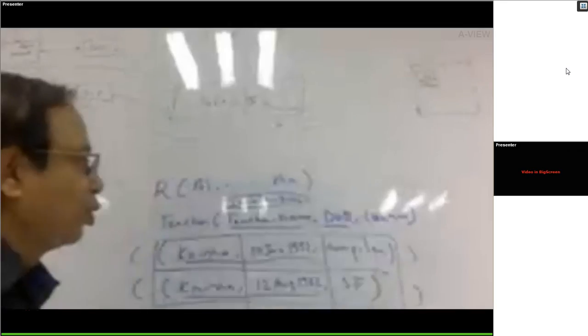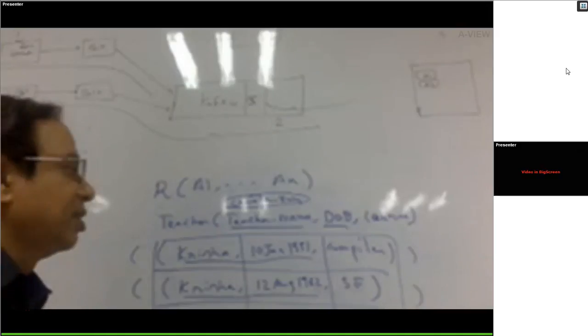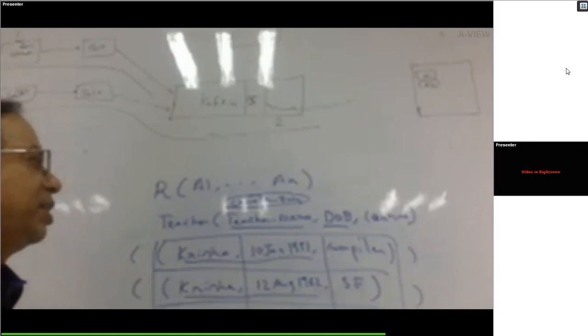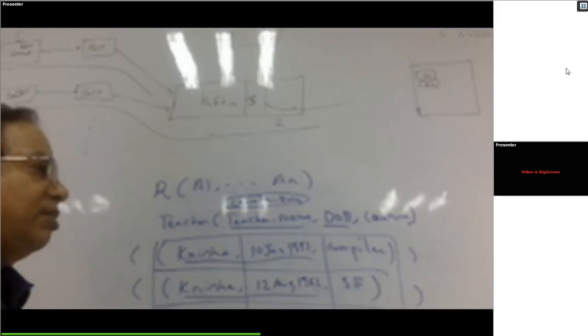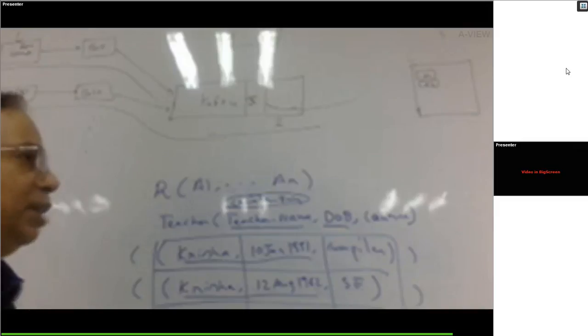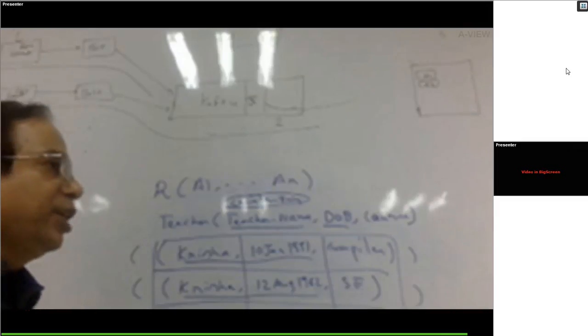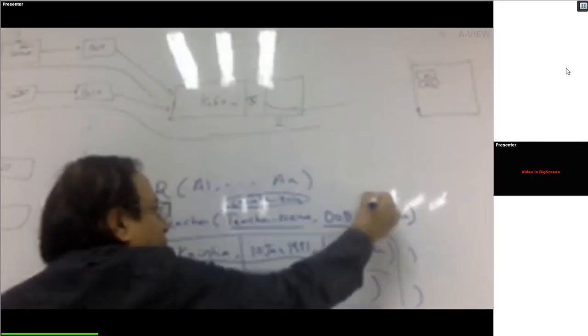For example, this college takes course, not course names, but numbers. Only integers. For example, if a course is identified by just a number like 301 or 401, course will take only integers.